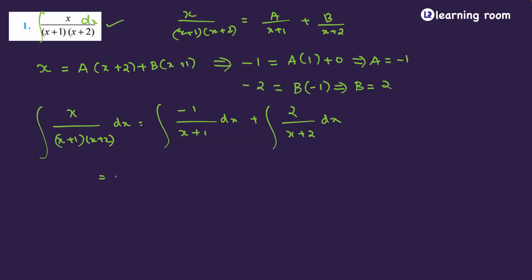It is minus log of mod x plus 1 plus 2 into 1 by x plus 2, which is log of x plus 2, plus c. So minus log of x plus 1 plus 2 log of x plus 2 plus c. So this will be the answer.